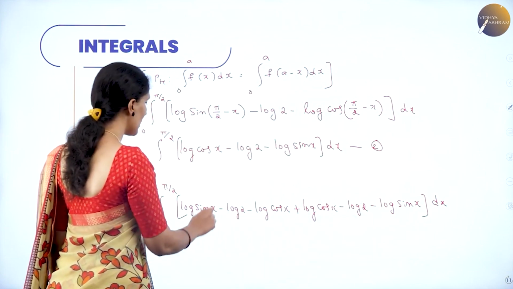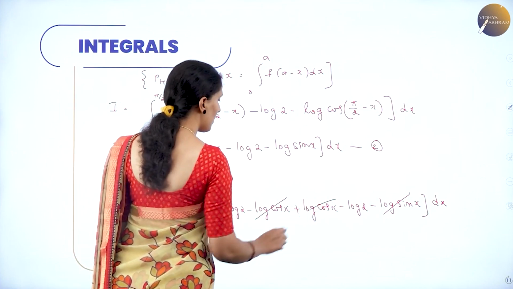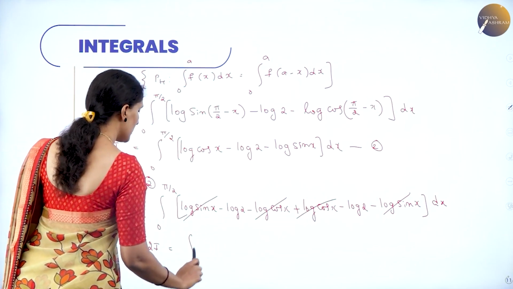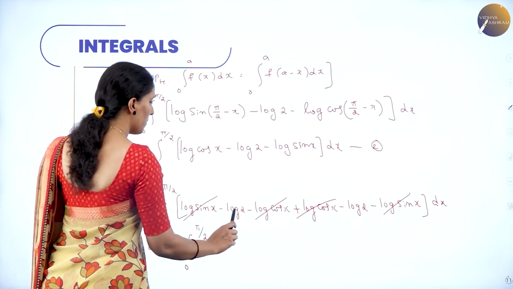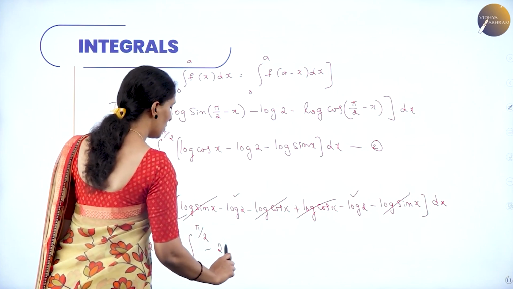So you can clearly see log sin x minus log sin x and minus log cos x plus log cos x cancel. So we have 2I equals the integral 0 to pi by 2 of minus log 2 minus log 2, which becomes minus 2 log 2 dx.